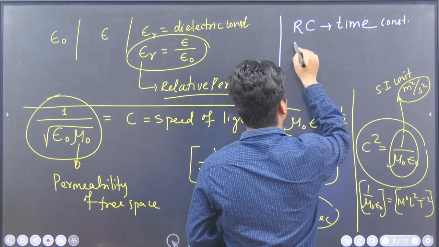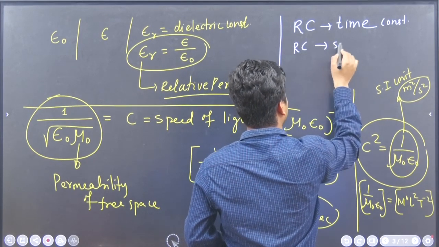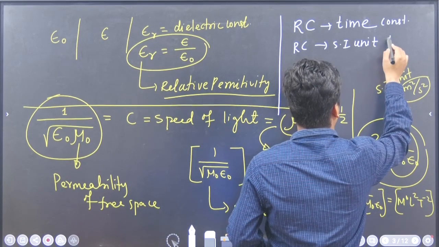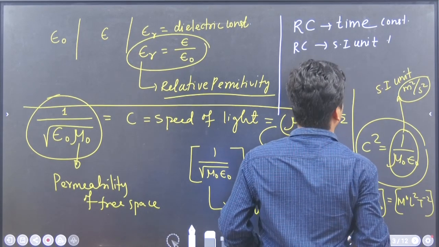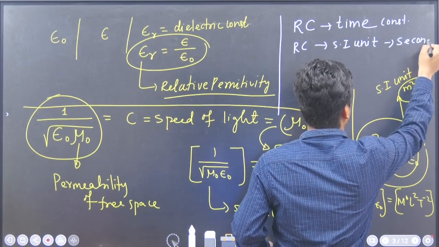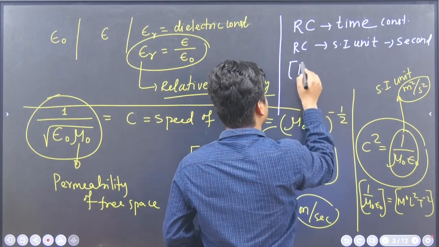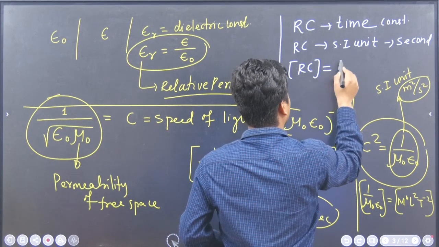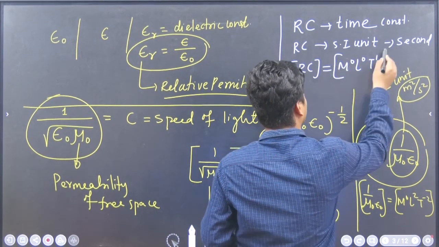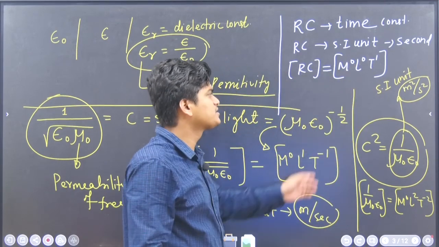Now RC, SI unit how much? The SI unit is the unit of time, which is second, and the dimension of RC is m0 L0 t to the power 1, because RC represents time.